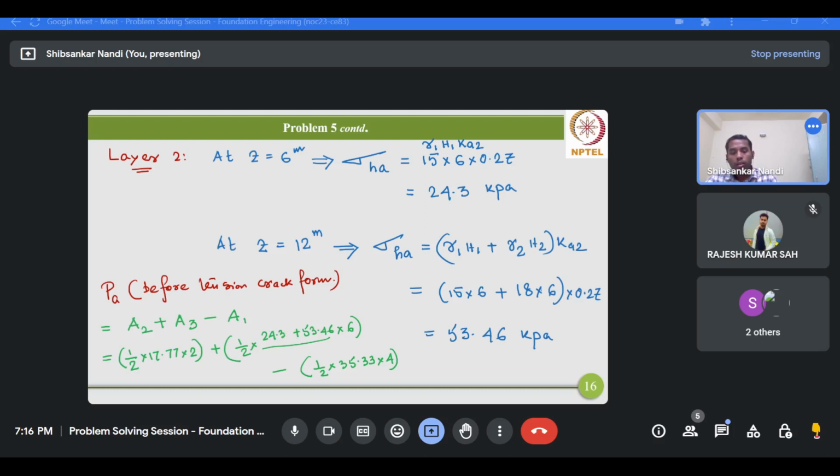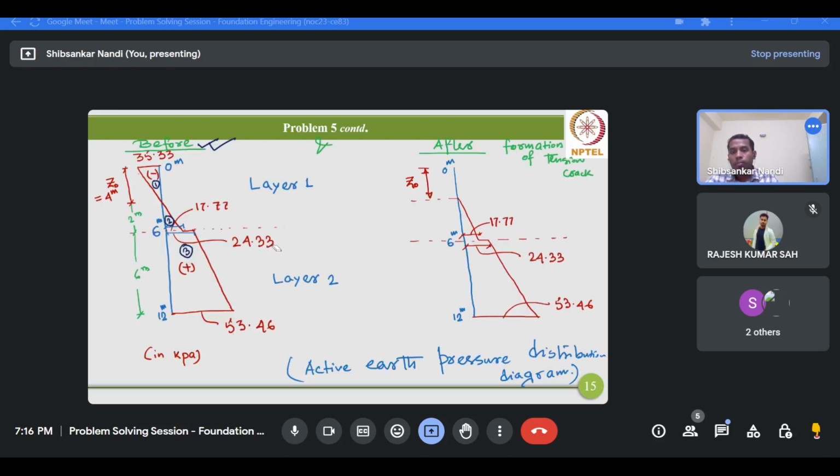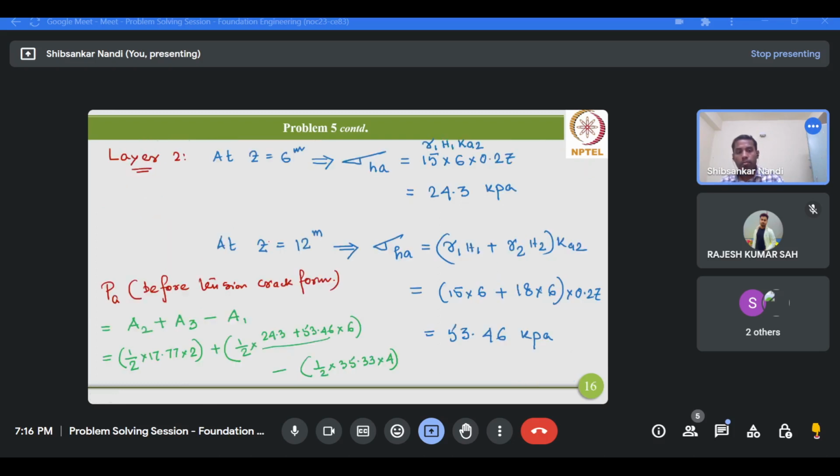Okay, so in this way you can determine the total active thrust which is acting on the wall before the formation of tension crack. Now please calculate and let me know.